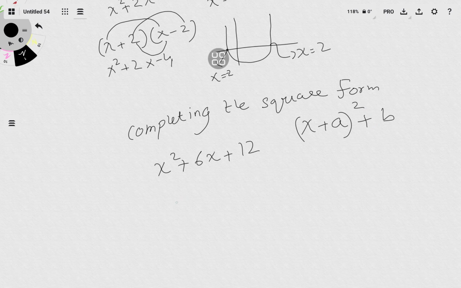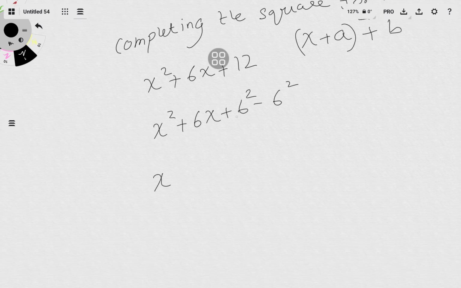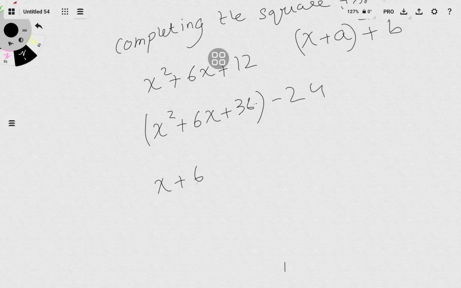So we have to see x square plus 6 square minus 6 square. So let's say we have 36 minus 24. So we have x plus 6 square minus 24.